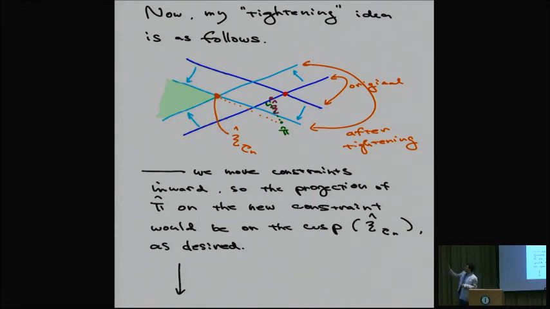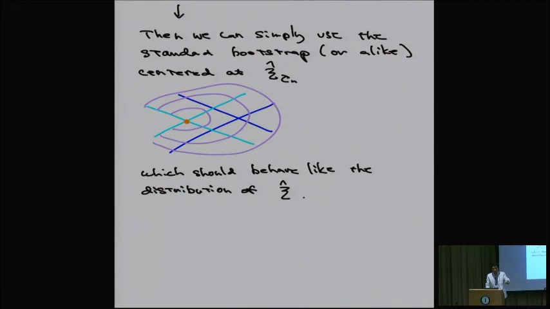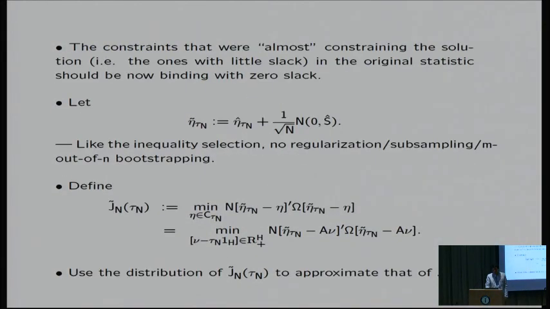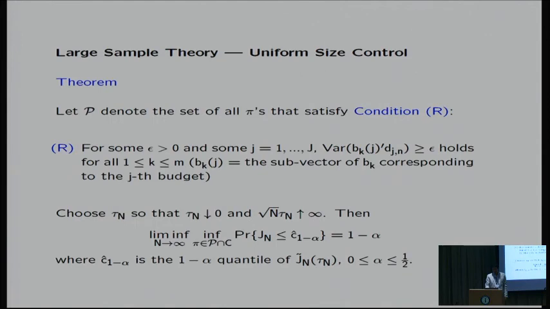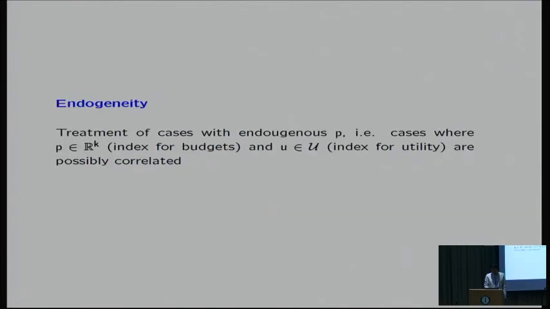And then if the original estimator pi hat is right there, after tightening the constraint, the projection is actually on the cusp. And so you can just bootstrap out of it. So that's how it works. Okay, and that's the mechanics of it. And you can do all these things, and you can show the uniformity property and stuff like that.